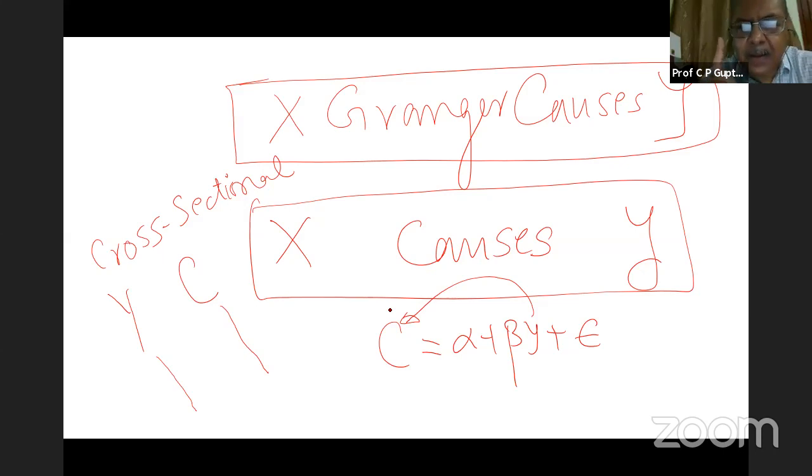Another thing is, if X is happening before Y, it doesn't mean that Y is because of X. It may be because of something else, something different.